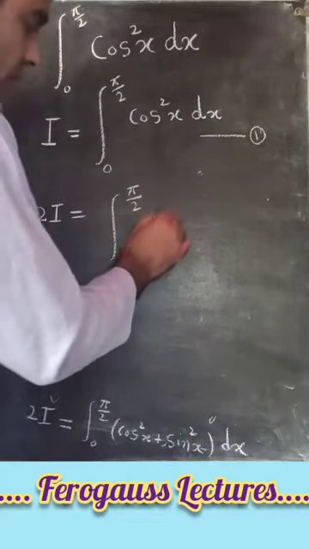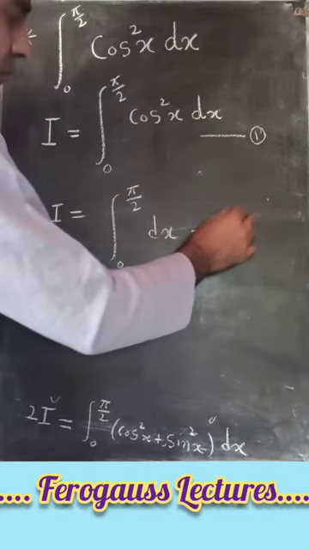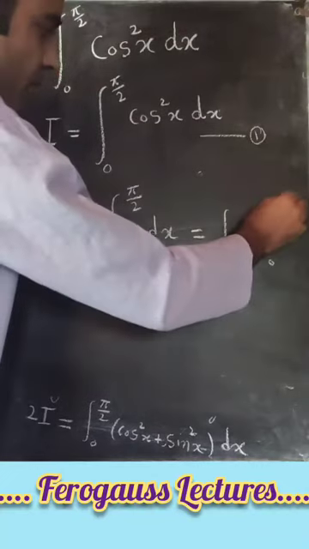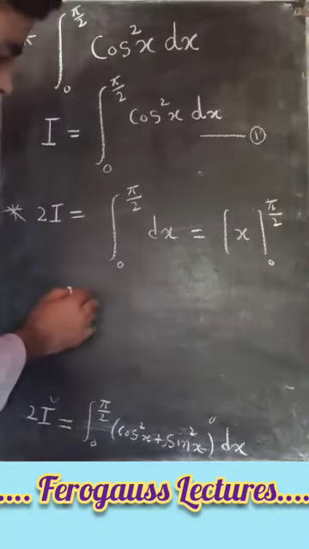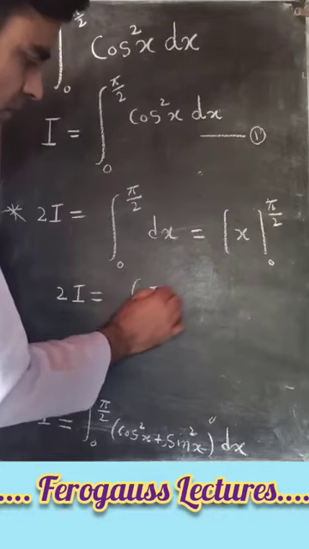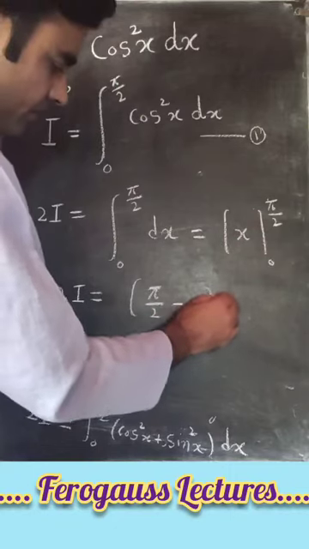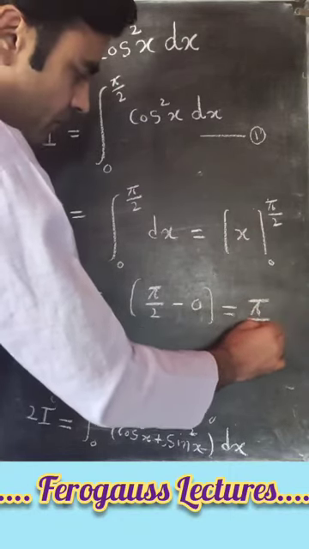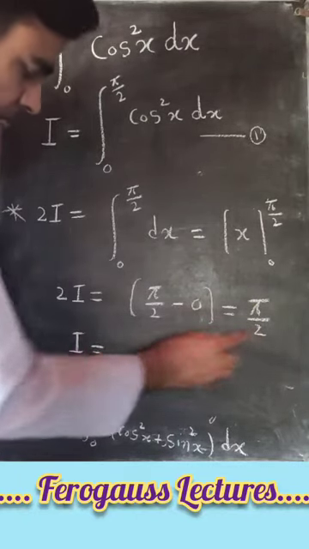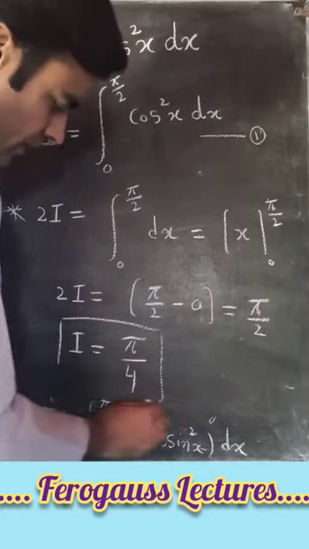Now this is 1, so here we get 1 into dx, that's dx, which is further equal to x, limits are from 0 to pi by 2, or we can write 2I is equal to pi by 2, upper limit minus lower limit, so that is equal to pi by 2, or I is equal to pi by 2 into 2, so that is equal to pi by 4. So that is the value of I.